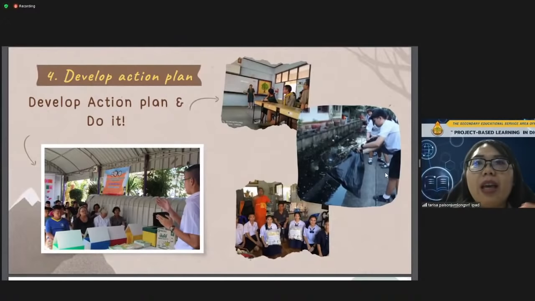After that, we will go on to step 4. Step 4 is develop an action plan. This is a picture of students doing the activity and developing an action plan. This step happens after the students do the PDCA flow.